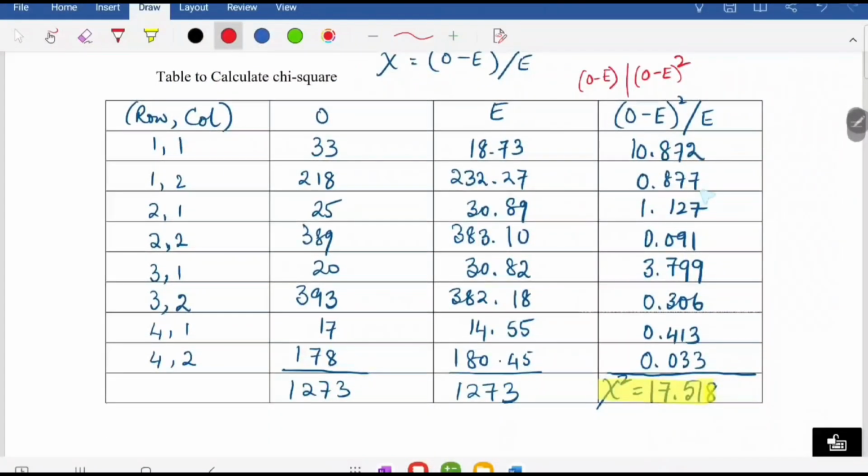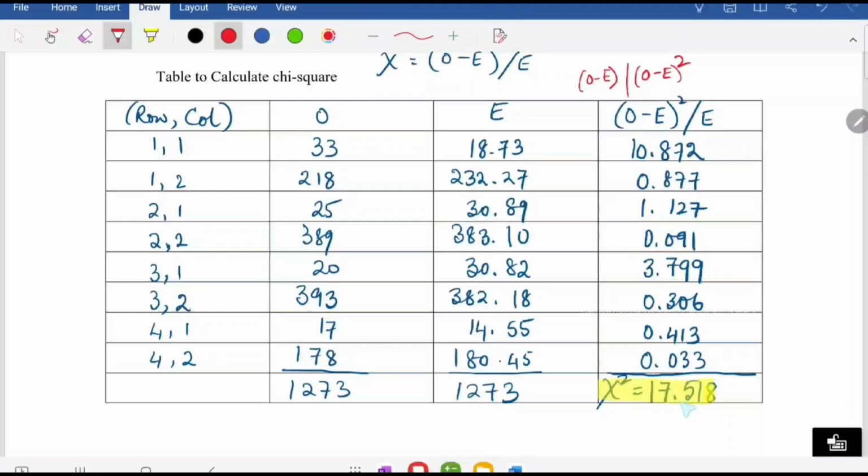But I kind of did everything together here, O minus E whole squared divided by E. So essentially I did 33 minus 18.73, I squared it, and then I divided it by 18.73 and came up with all these values for a chi-squared value of 17.518.